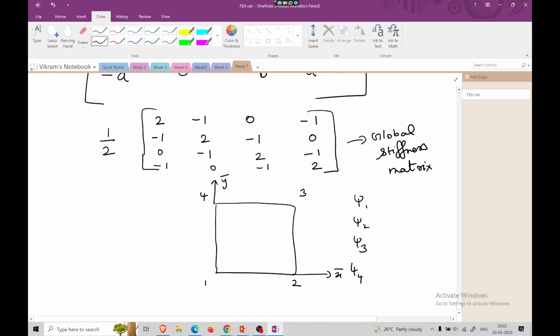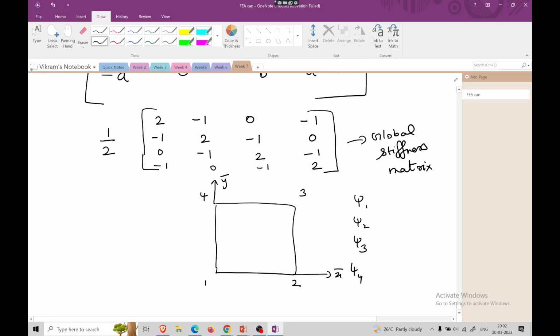Again, for this equation, assume k equal to 1. If you assume k equal to 1, it will be the same as the last equation, right? The del square u is equal to 0. So minus del square u will be the case here also. So for that, our kij will be Sij 11 plus Sij 22.